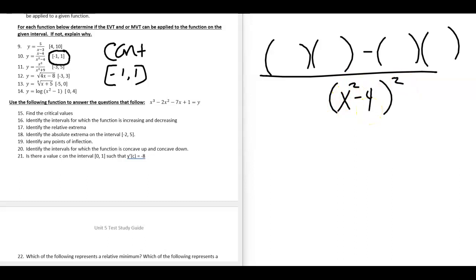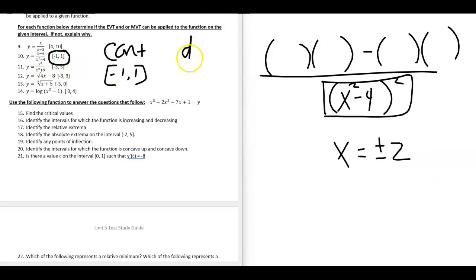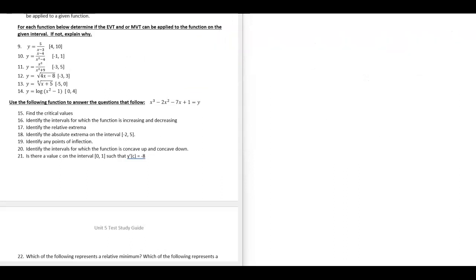And as you know, when it comes to the quotient rule, the bottom stays the same. You just end up squaring it. And therefore, it's going to have the same discontinuities as the original function. And so therefore, it's also differentiable on the open interval. And therefore, once again, both the MVT and the EVT apply.